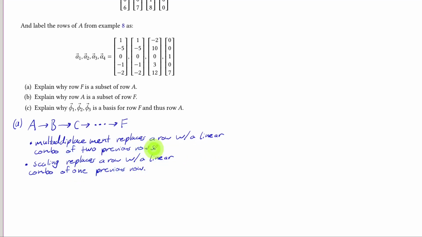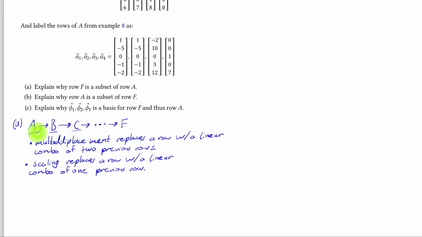So at every step, the rows of B are a linear combination of the rows of A, and the rows of C are a linear combination of the rows of B, which is just a more complicated linear combination of the rows of A, and so on.